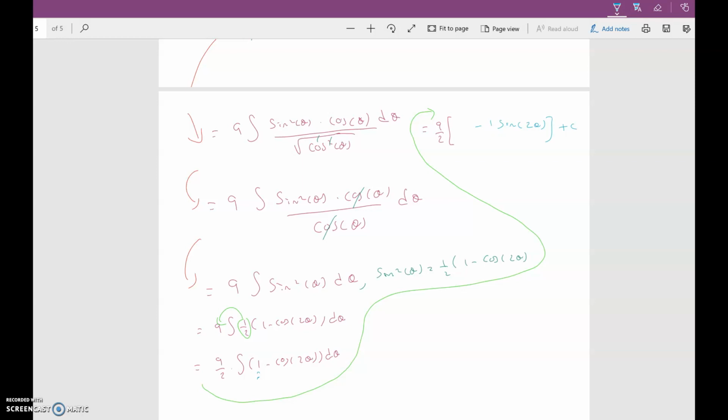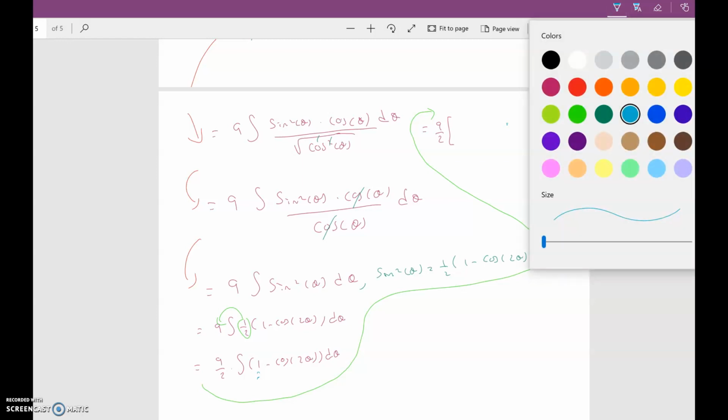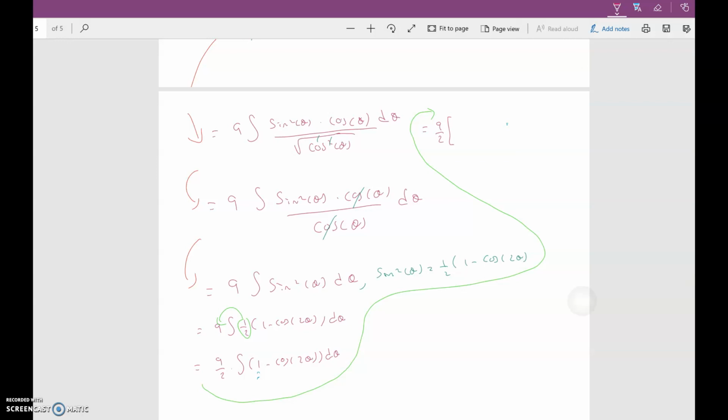Let me actually write it in the same color. So this is theta and then minus 1/2 sine of 2 theta plus the value of c.